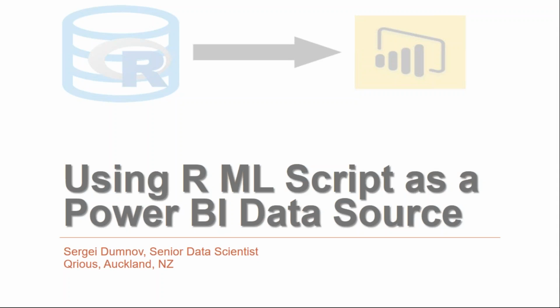Just to remind you, R is a language for statistical and machine learning programming. It was developed in New Zealand by two people, Ross Ihaka and Robert Gentleman, at Auckland University about 23 years ago, and it was influenced by the implementation of the S language.